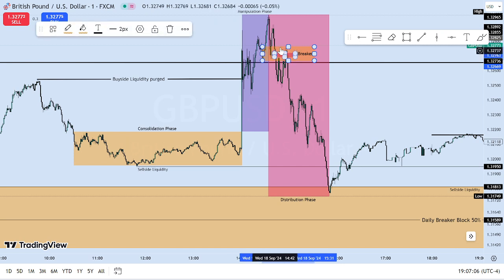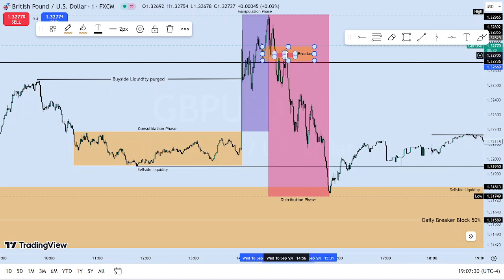Here in premium, so we seek for discount level, which is sell side liquidity resting below here. So you target from this fair value gap into this breaker at this time of the day.